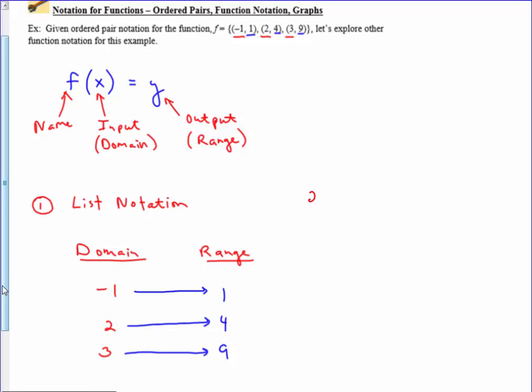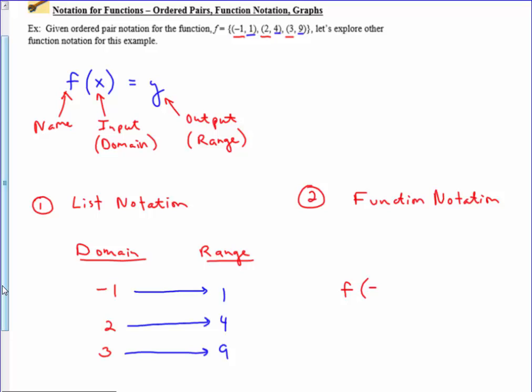The second kind of notation I will put to the right, and that is function notation. And there are two different ways to use function notation. This one is very specific in that it tells exactly which x goes with which y. The name of my function is f.